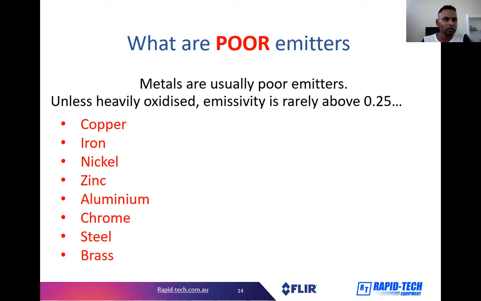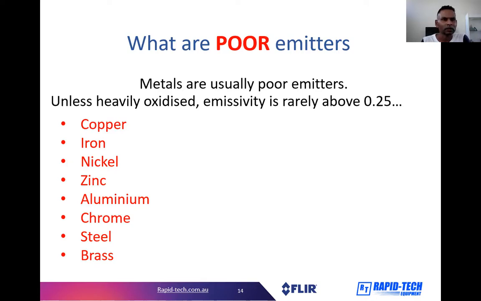But even with these types of metals, if you start looking at oxidized surfaces, anything that's been oxidized starts to increase the emissivity value. So if you're ever looking at that table again, they'll have emissivity values for just shiny copper, and for oxidized copper as well, and you'll see it makes a big difference.